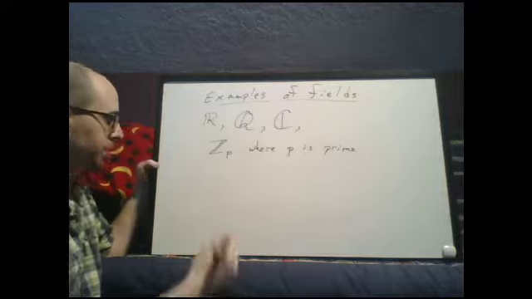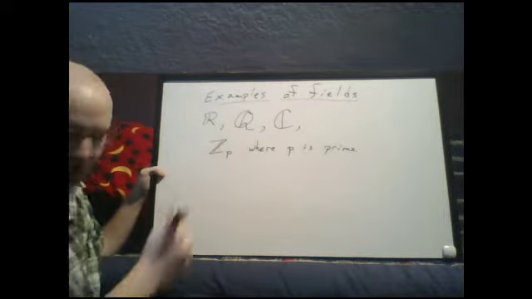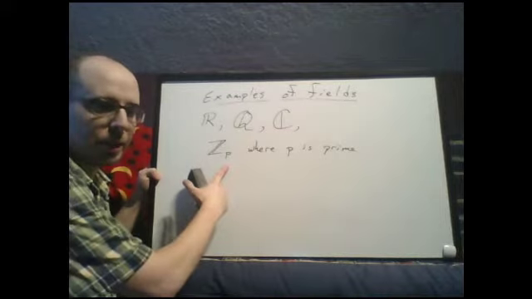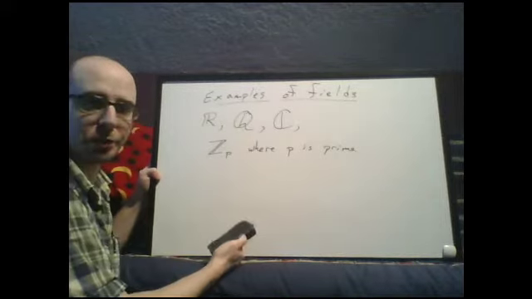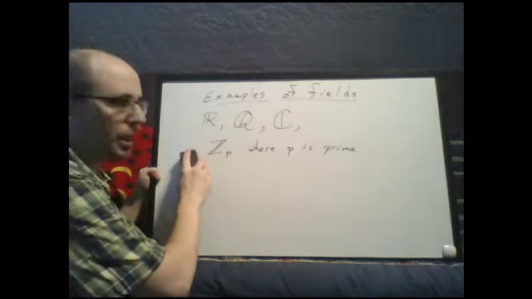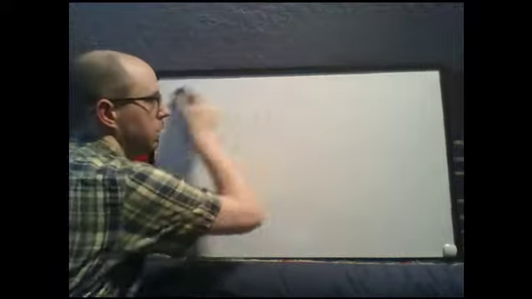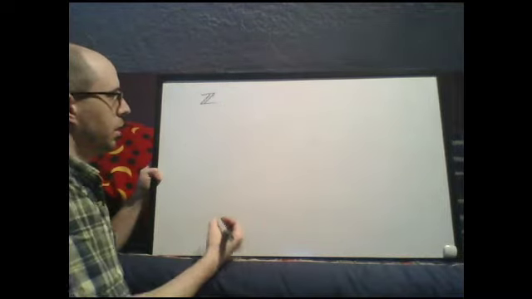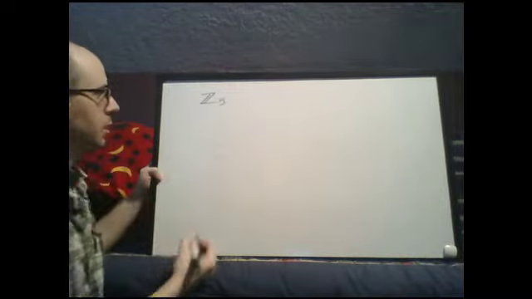Okay, so for example, let me do it on another board here. If I look at Z mod P, where P is a prime, every element other than 0 will have a multiplicative inverse. So let's just do a specific one. Let's do Z5, I guess.